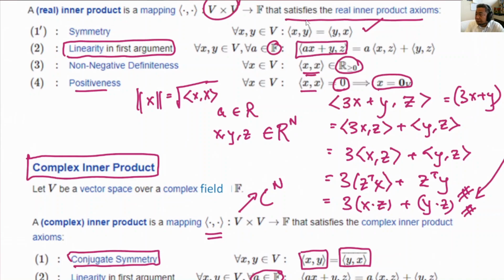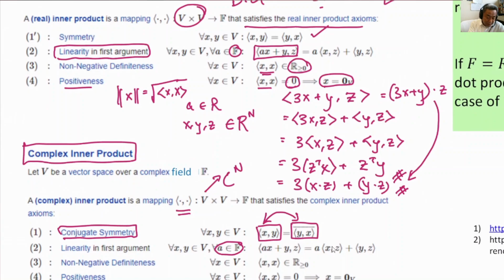It basically means that the output number is real, and if there is only the real part, the conjugate of the real part is still the same real part. So the real inner product is symmetrical, while the complex inner product requires that when we take y comma x, the number produced must be conjugated for them to be equal to each other. So we call it conjugate symmetry.